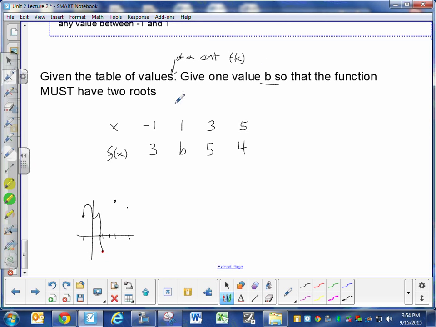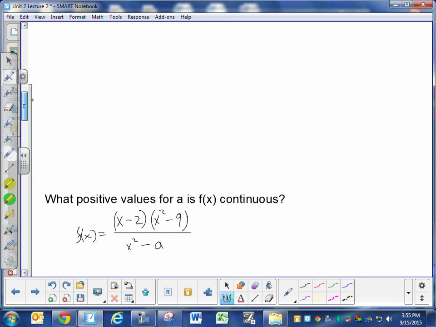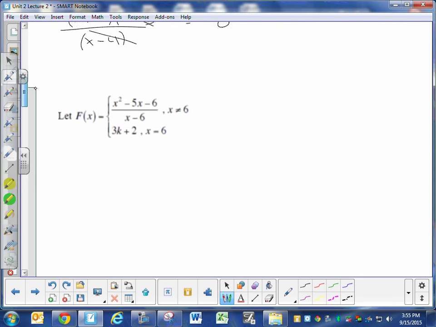And if we don't remember, a root is when our function is equal to 0. And then even if I come up really late, I still have to pass through the x-axis twice. So that is why this has to be -1 or something, -5. Okay. Let's go back up and do a couple more examples.